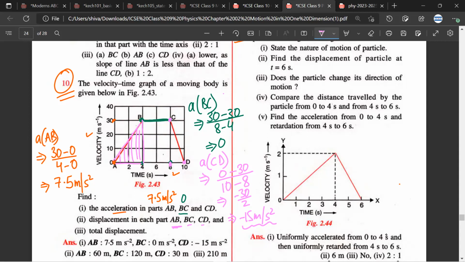Now the area of a triangle we know is half into base into height. If we are not aware of this, let us note this down.